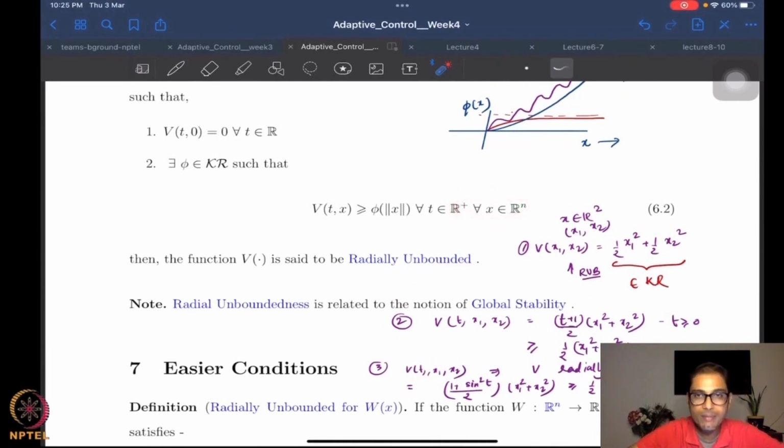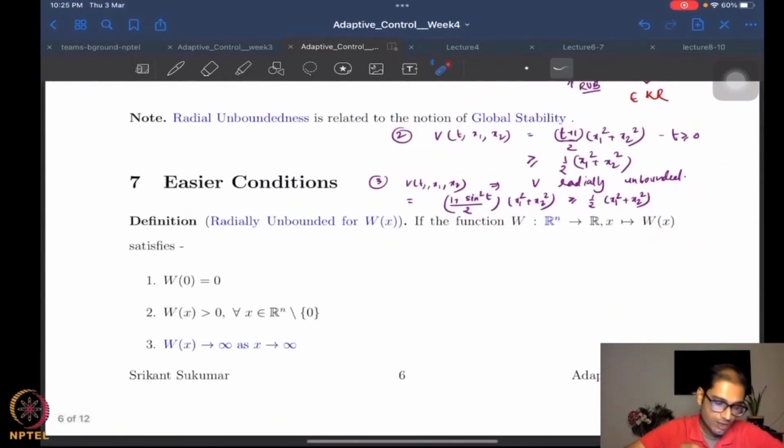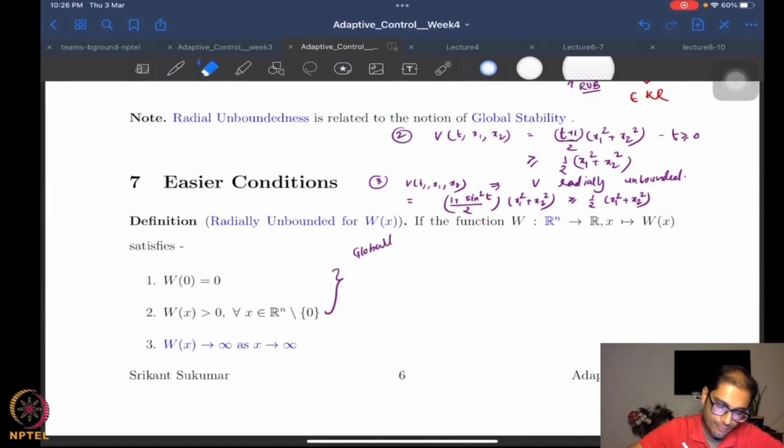Everything has to happen for all R^n because we are talking about global notions here. So this is the difference. The first two conditions, if I may, I would like to call some kind of global positive definiteness.